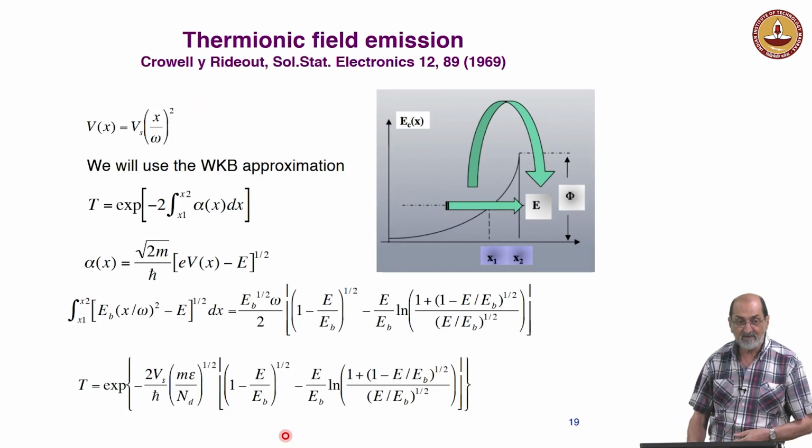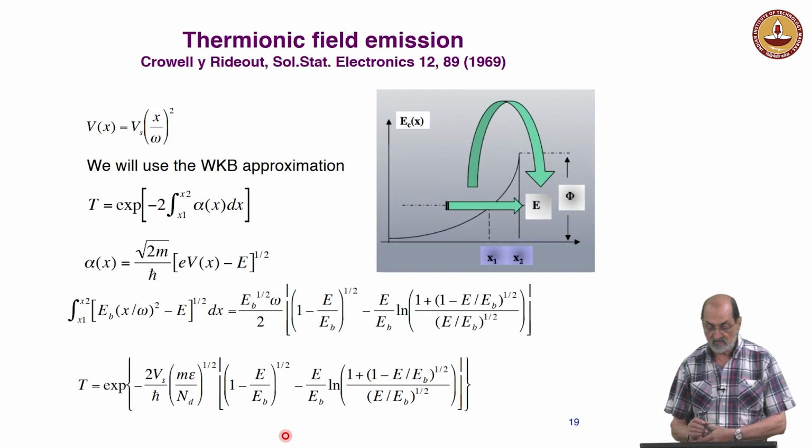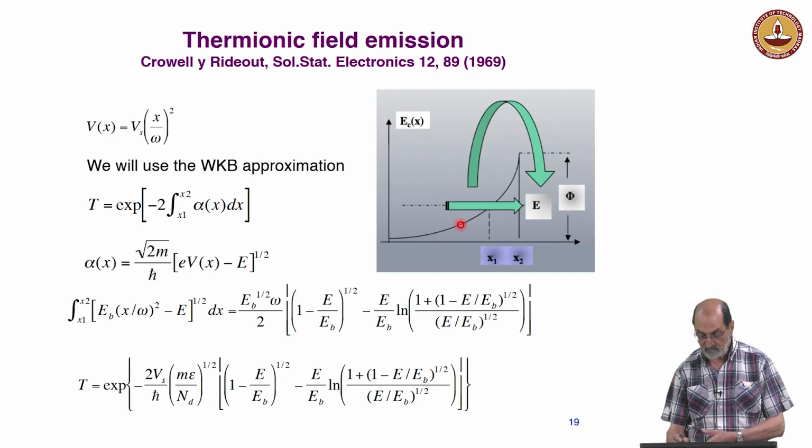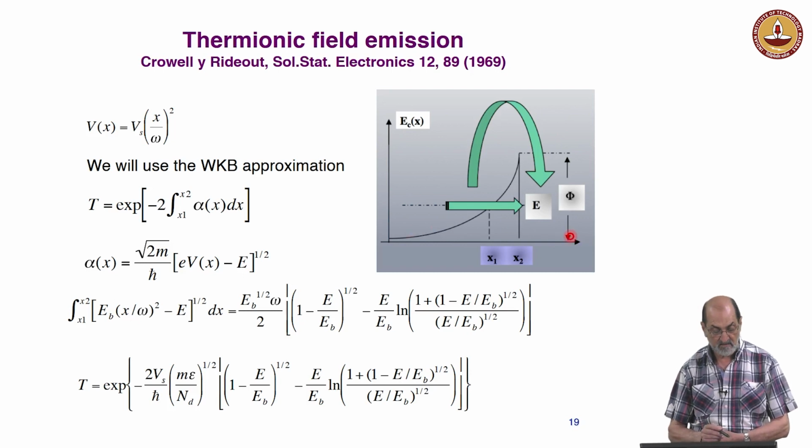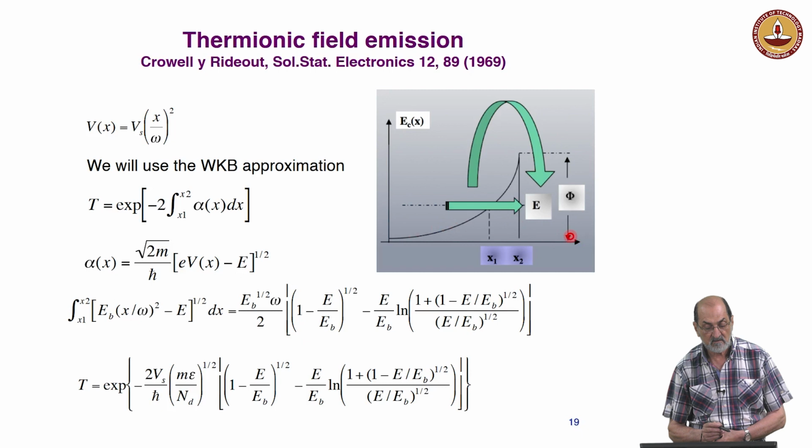Thermionic field emission is the name for the current which goes through the barrier. I follow a very old paper from 1969 by Crowell and Rideout, and I consider the parabolic potential. To calculate how much current goes from left to right, you can use the WKB approximation.